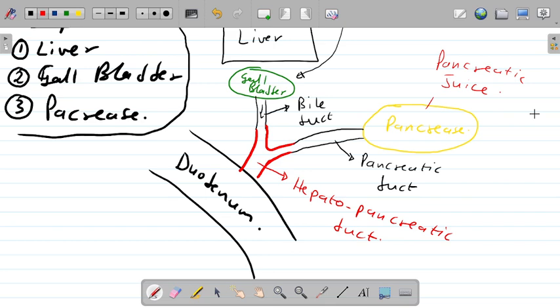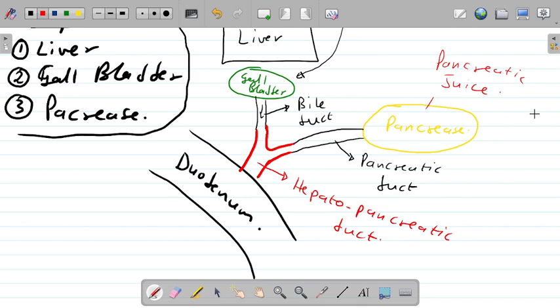Now I want you to know the organs and what they secrete. The liver creates bile, which is stored in the gallbladder. It is released through the bile duct. The pancreas releases pancreatic juice, which is released through the pancreatic duct.